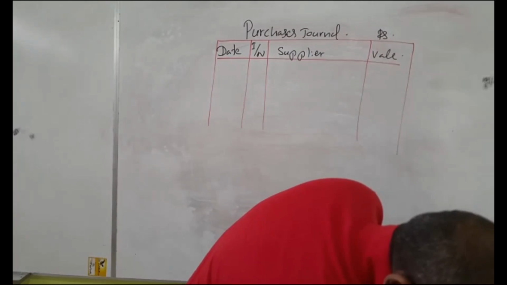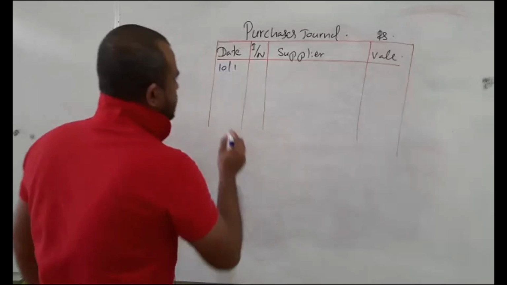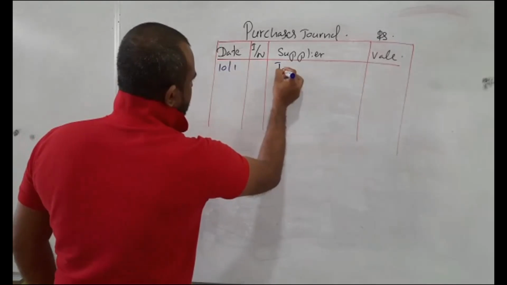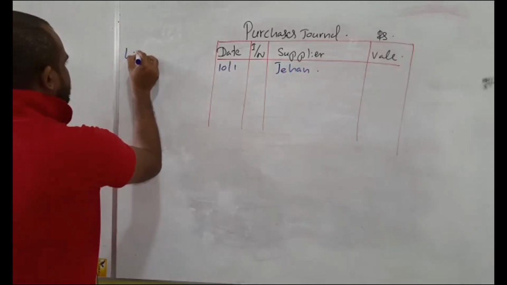What does it say? On 10th January, you have purchased from Jehan, list price is 600,000. But how much is the list price?